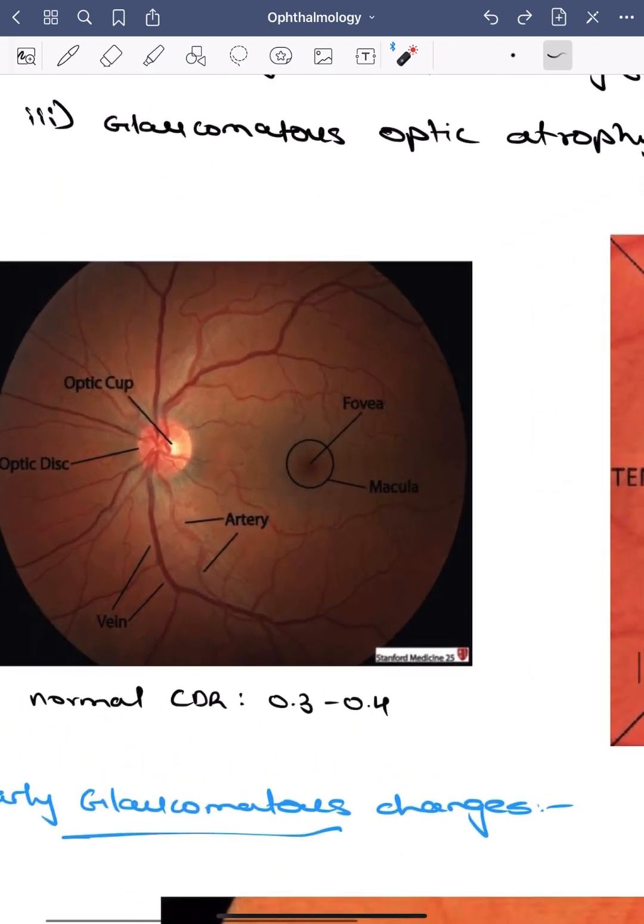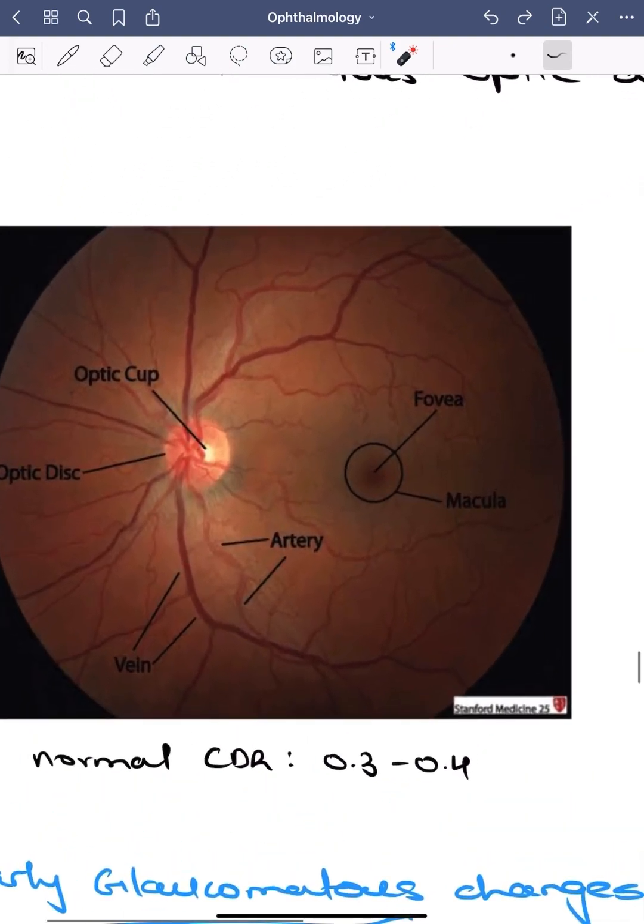Here is the diagram, and we can see the optic disc, the optic cup, the retinal vessels, the veins and the arteries, and the macula and fovea. This is the normal diagram of the optic nerve head.